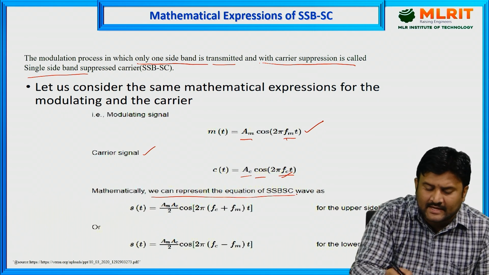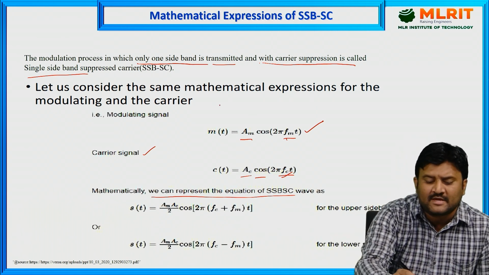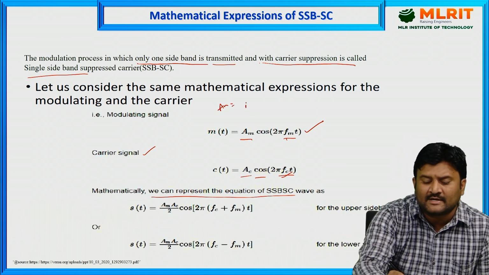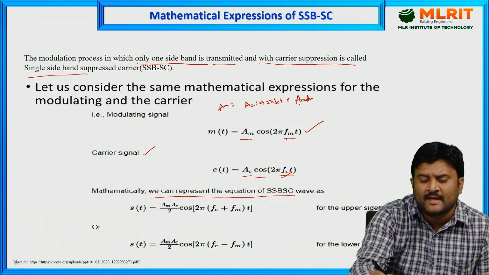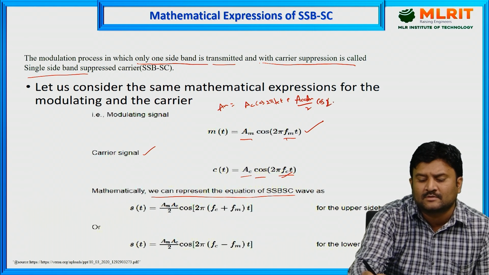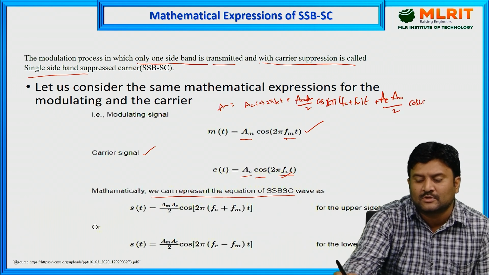Then mathematically we can represent the equation of SSB-SC. Observe here, the carrier is suppressed. When you observe the AM equation, what is that? Ac cos 2 pi fc t, plus Ac Am by 2 cos 2 pi (fc plus fm) t, plus Ac Am by 2 cos 2 pi (fc minus fm) t.